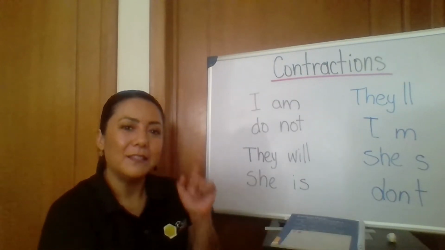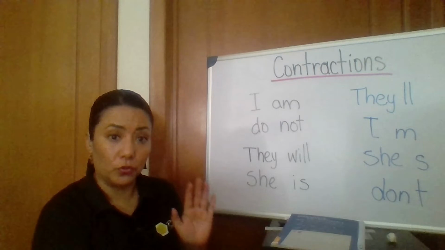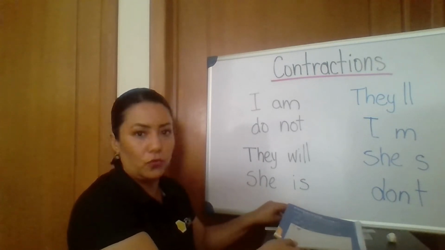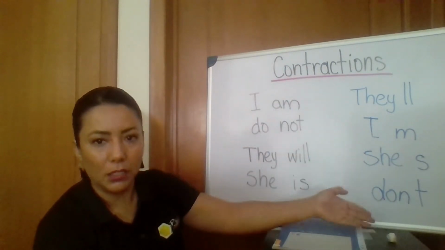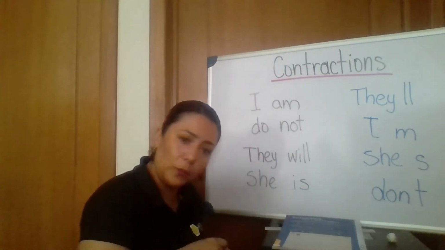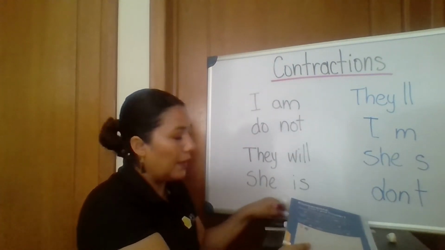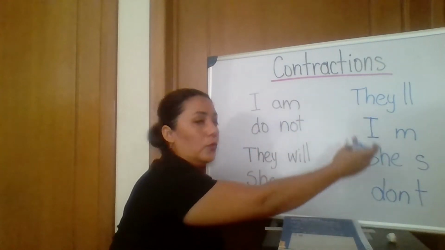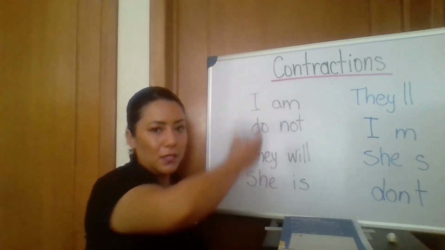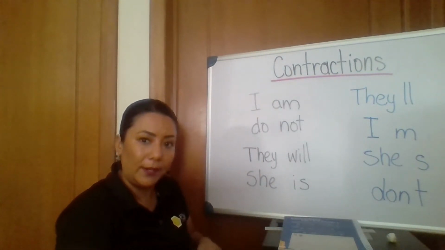Okay, let's go over some contractions because we know about contractions, okay? Just by looking at these two columns, I need you to please identify the contraction that belongs to these words in column number 1.